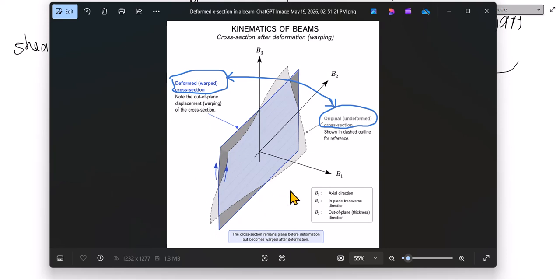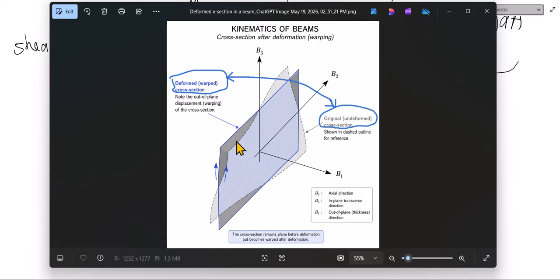So I just wanted to give you an idea about what we are talking about in third order shear theory, that a plane, originally a plane, may become something like this, or similar things out of the plane. You have variation on the top, on the bottom.